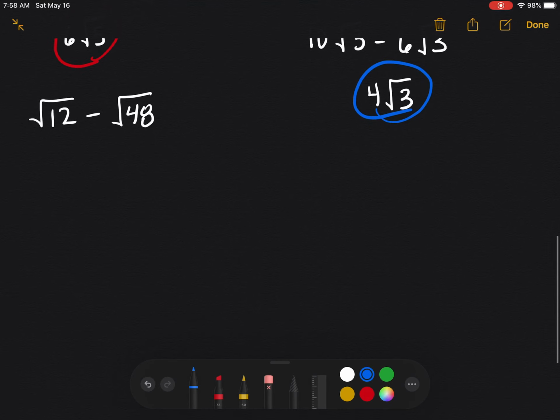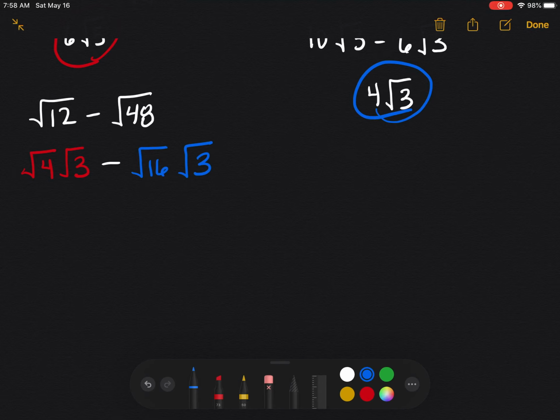Okay. Yeah, this will be a good one to do over here. Square root of 12 minus square root of 48. Sometimes you got to simplify both of them, right? So this is going to be square root of 4 times square root of 3, minus, this one's going to go to, let's see, 16 is going to be my biggest square root out of there if I want to take the shortest route. 16 times 3.